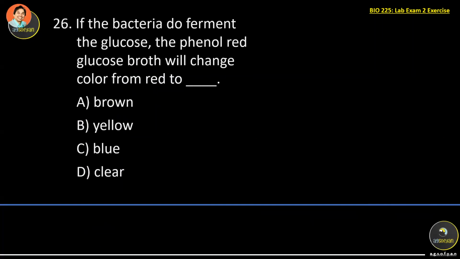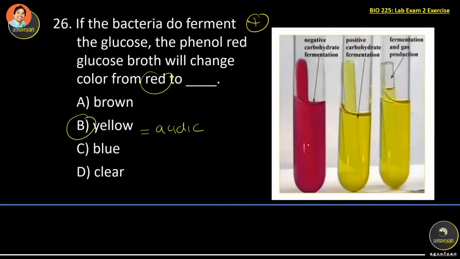If the bacteria do ferment glucose, it's a positive result. What is the color change? Yes, from red to yellow. This is acidic. So this is negative, positive, positive.